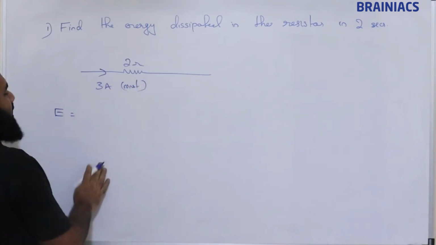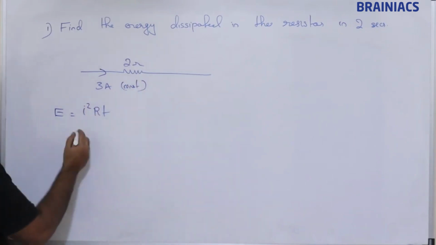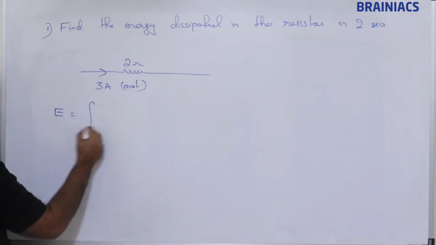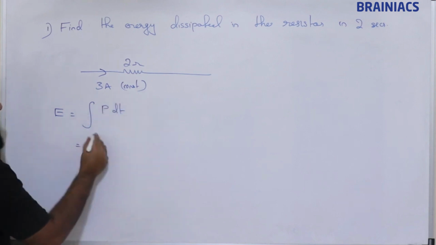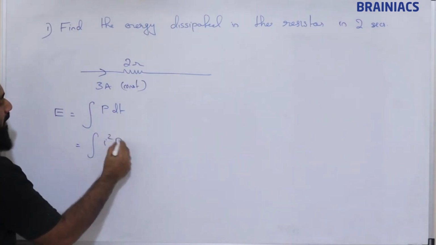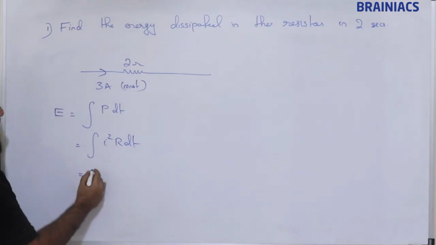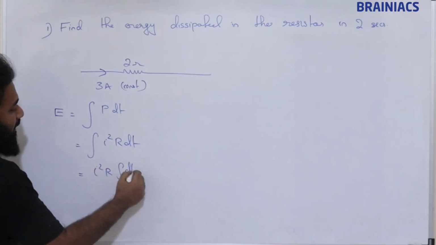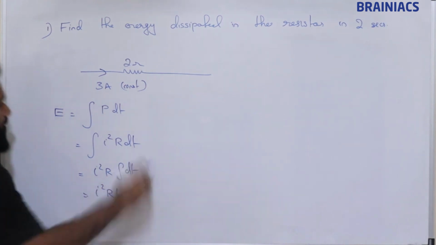So I square R into T. If we put the basic formula, integration of P dt, so integration of I square R dt. Since this is constant, we can take out I square R, integral dt.